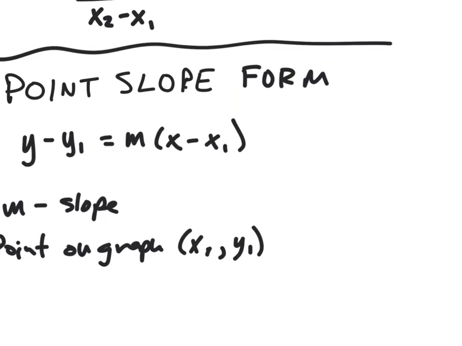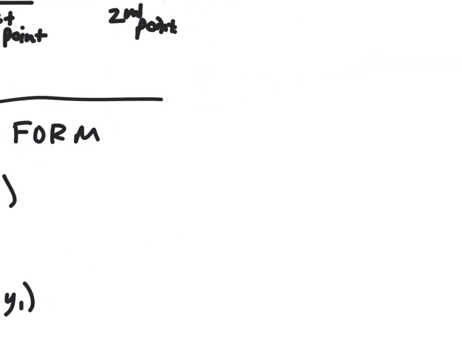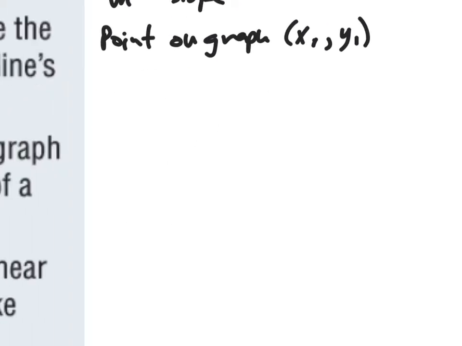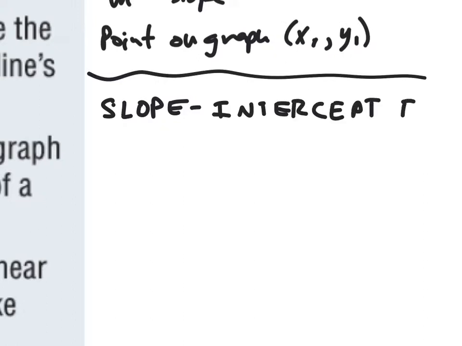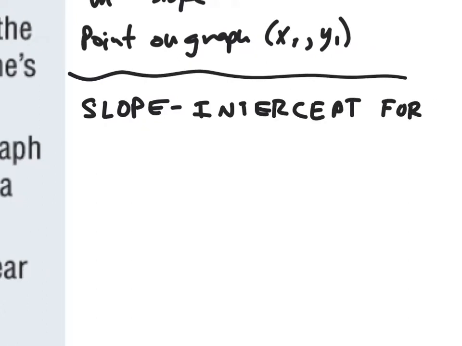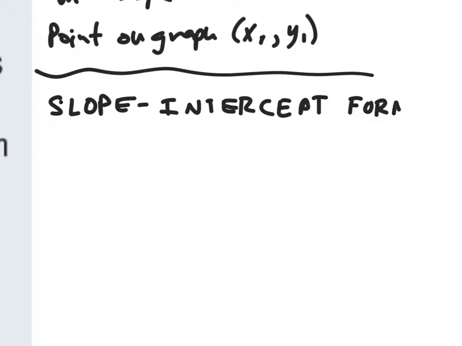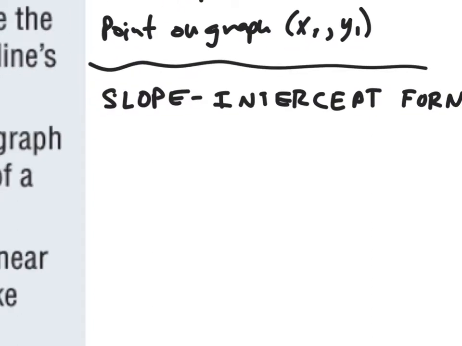The other thing that we have is slope intercept form. Let's write that just below. Make sure you guys are writing small. Slope intercept form is where you're going to mainly see a lot of your linear functions.